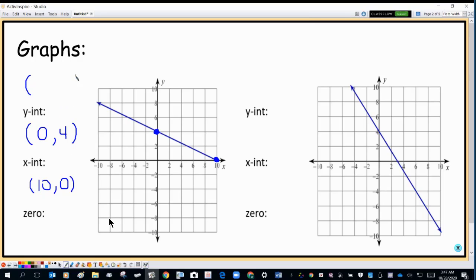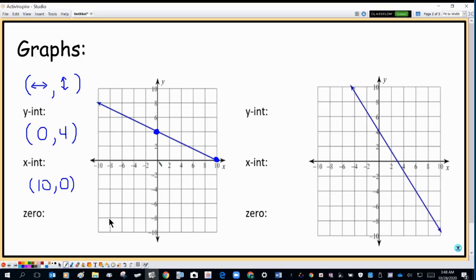Please remember, when we write points, the first number represents the horizontal movement and the second number represents the vertical movement. So in this case, I went 2, 4, 6, 8, 10 units to the right, so 10, and then I didn't go up nor down, so that is 0.